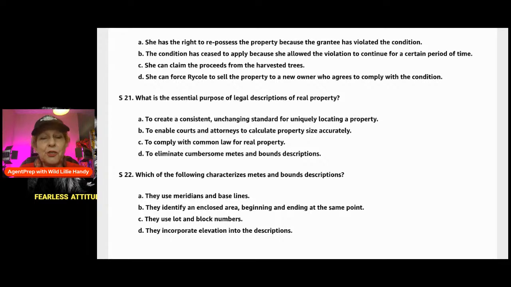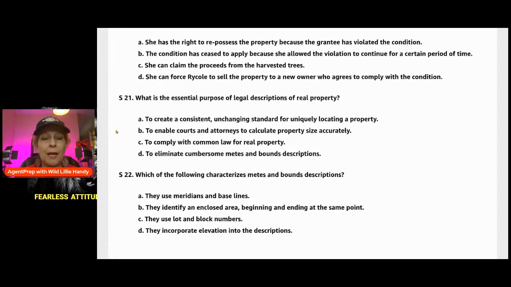What is the essential purpose of legal description of real property? What is its purpose? A, to create a consistent, unchanging standard for uniquely locating a property. B, to enable courts and attorneys to calculate property size accurately.